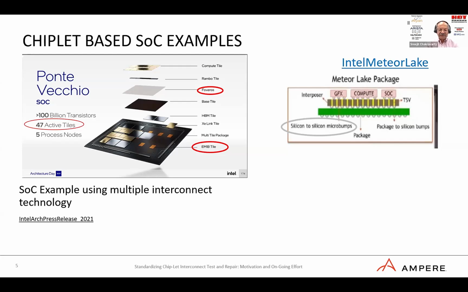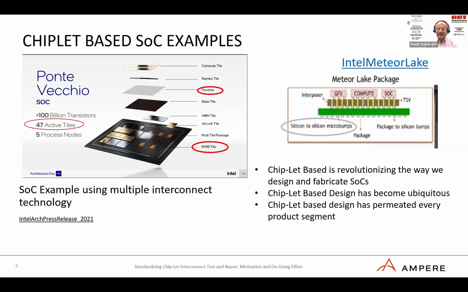Okay. The reason why I bring this up here is that there is a lot of discussion about chiplets around the very high performance computing products. Like, we talk about the monstrous AI chips that are being made. Yes, they are used there, but it is also used in other segments of the market. Okay, Meteor Lake is basically the client product, and they are also used in handheld devices, right?